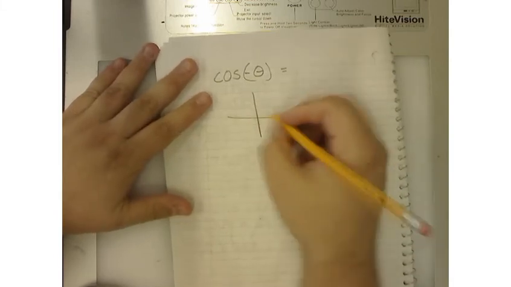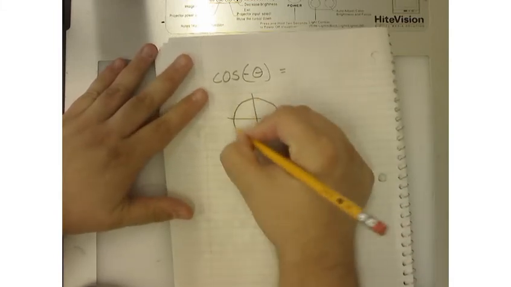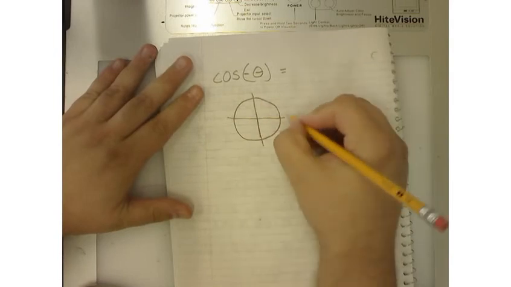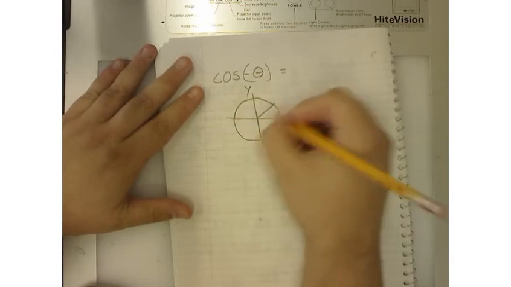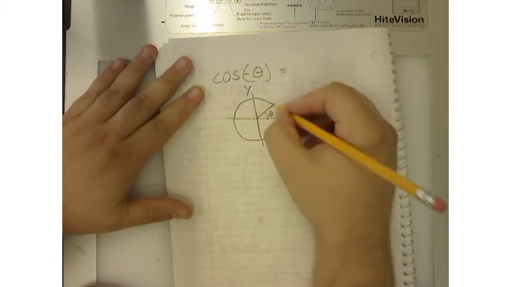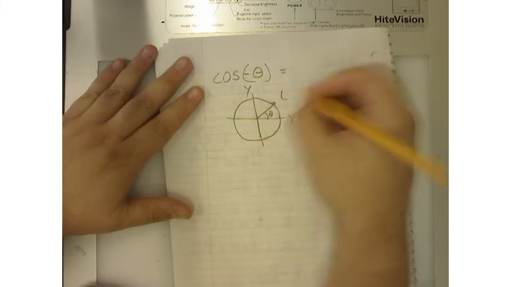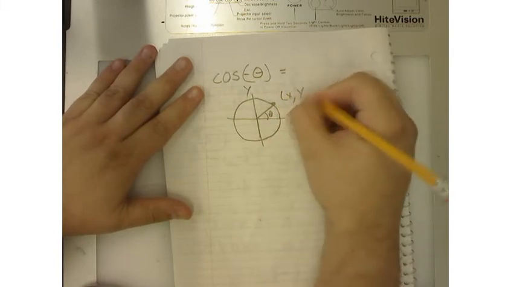This is a sloppy copy here. So I have my unit circle here. Here's x, here's y, some angle theta. So that's theta, where this is the point x comma y.